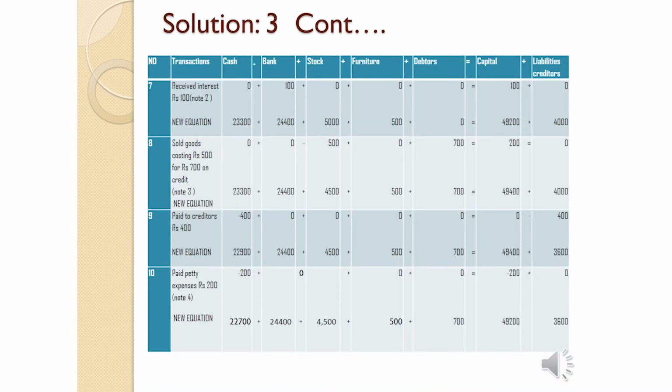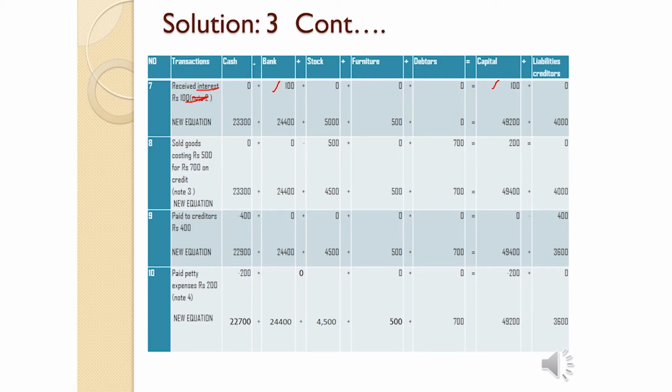Here also continuation of the problem. Received interest rupees 400. The received interest is income for us. So automatically the bank balance will be increased. Then capital is also increased.